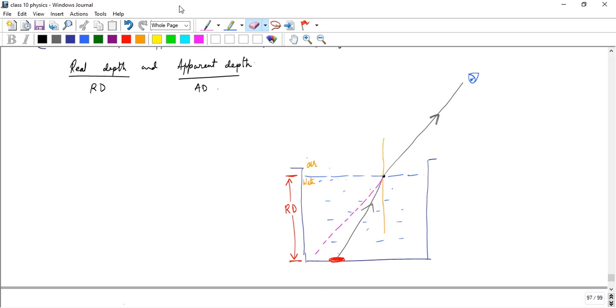The observer sees. Now we consider the top view of the object.